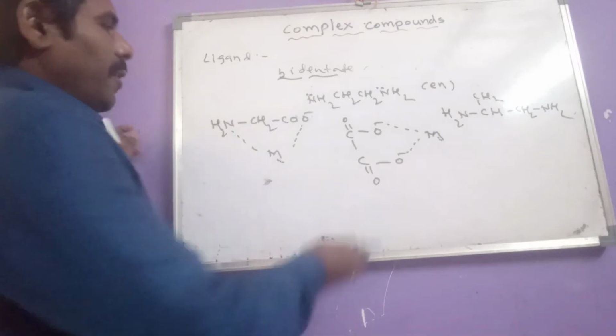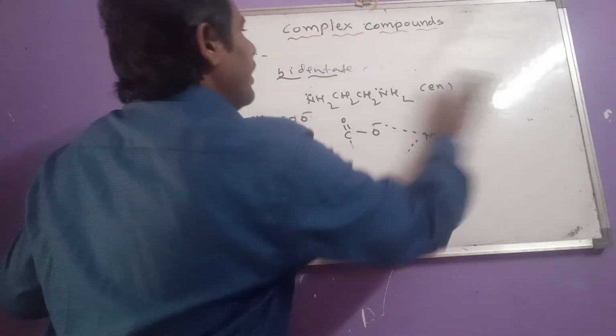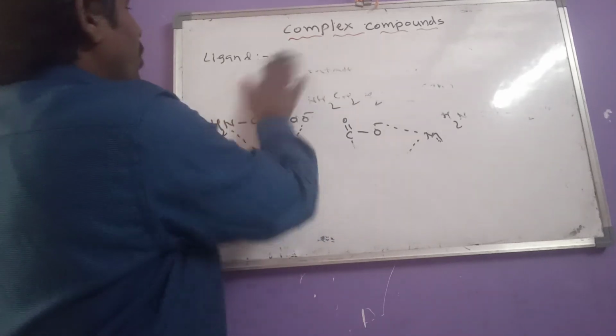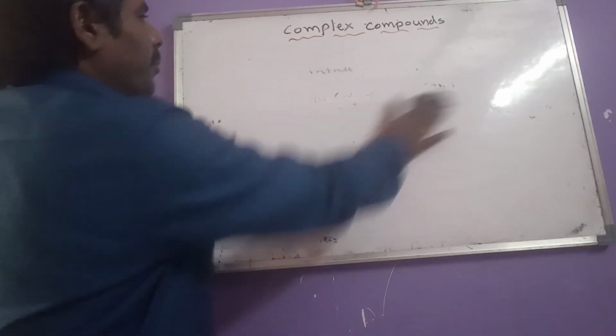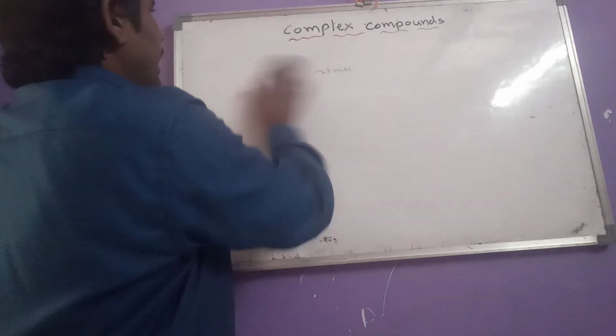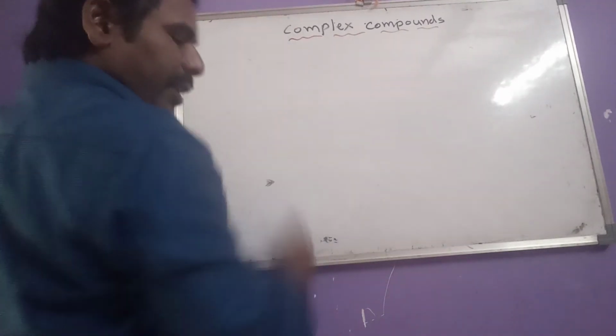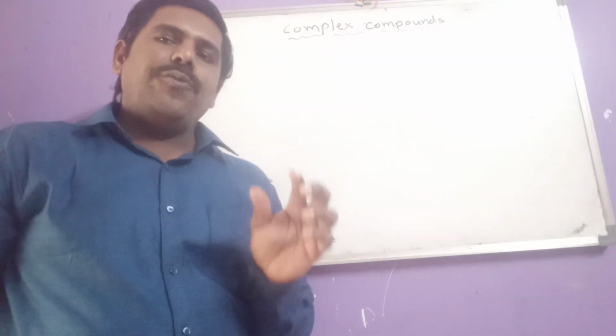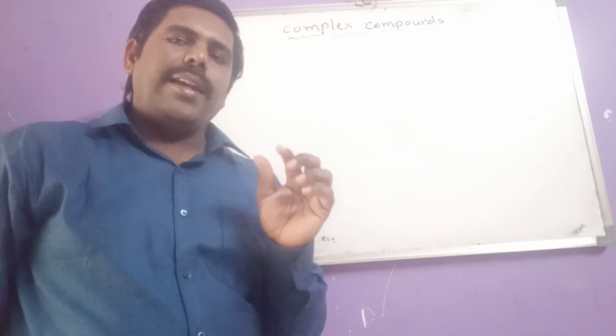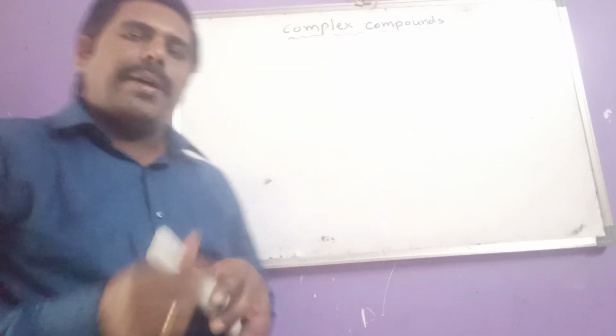Okay, then we have to see polydentate ligands. Polydentate means they have more than two donor atoms to form dative bonds. Now let us see some examples. What is the first one? Diene. What is the full name of diene? Diethylene triamine.